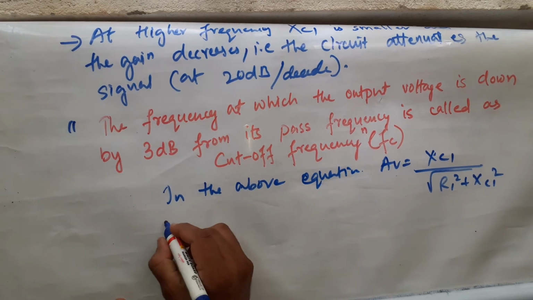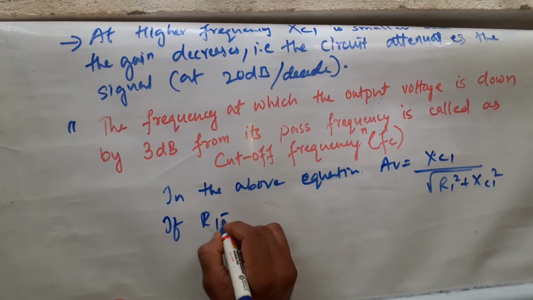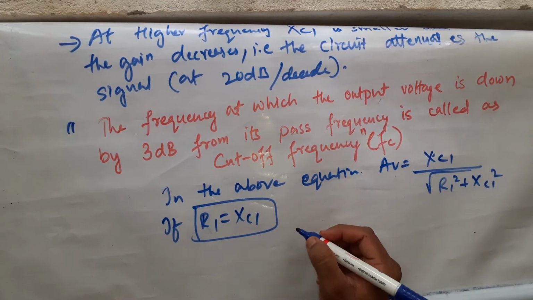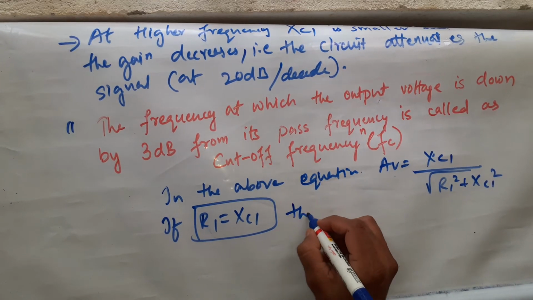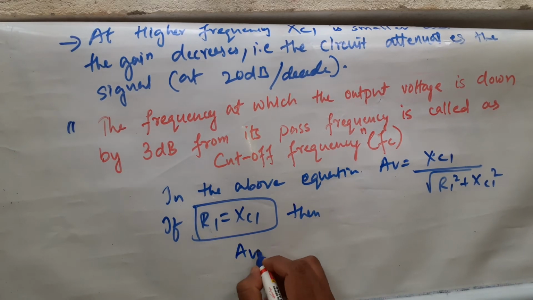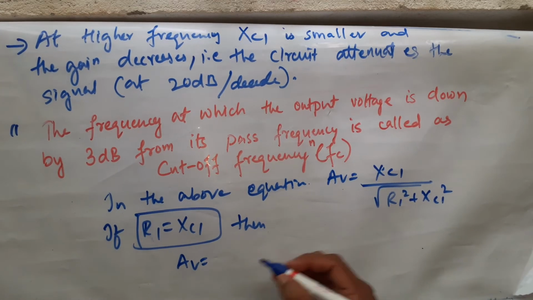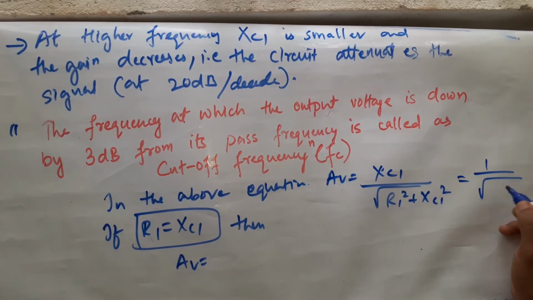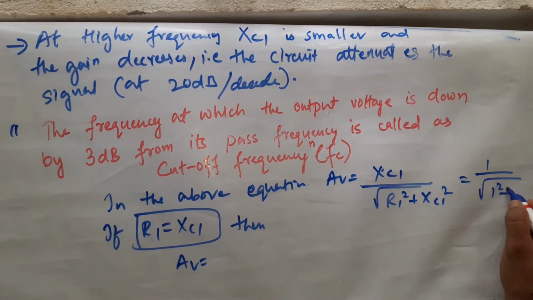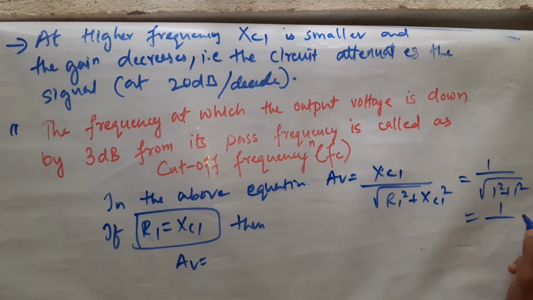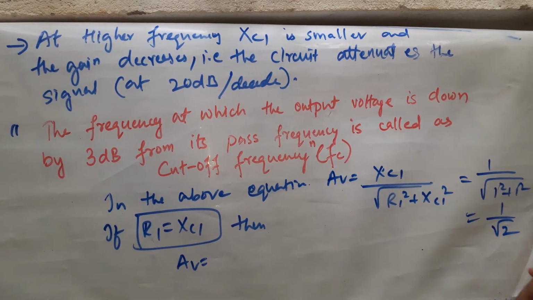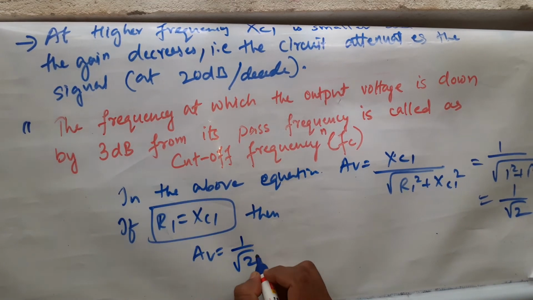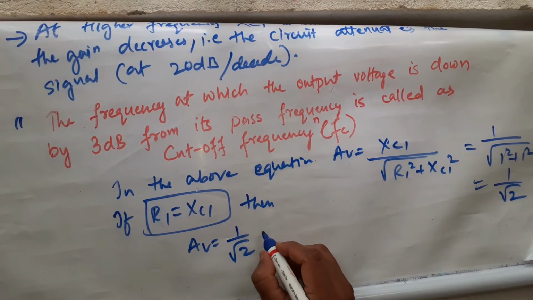Now if R1 becomes equal to XC1, then what happens to AV? Then AV equals, tell me, if both of these are same, then this becomes 1 divided by root of 1 square plus 1 square, isn't it? Nothing but 1 over root 2, right?